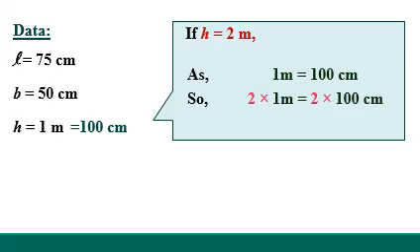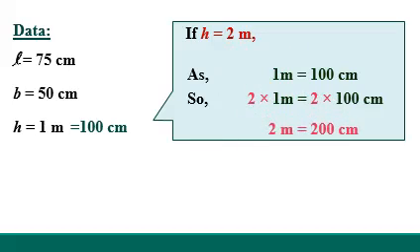We are going to multiply 2 on both the sides of the equation so that it does not affect the equality of the equation. So 2 multiplied by 1 meters is equals to 2 multiplied by 100 centimeters. And 2 multiplied by 1 will give you 2 meters, which is equals to 2 multiplied by 100 will give us 200 centimeters.